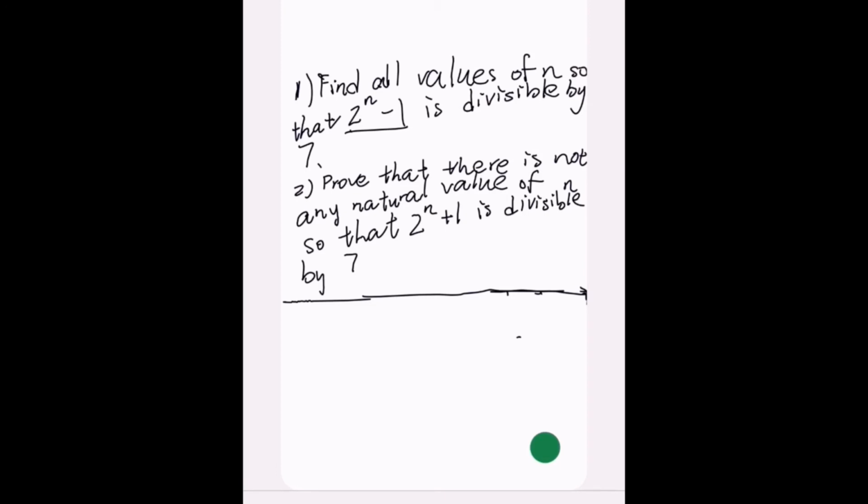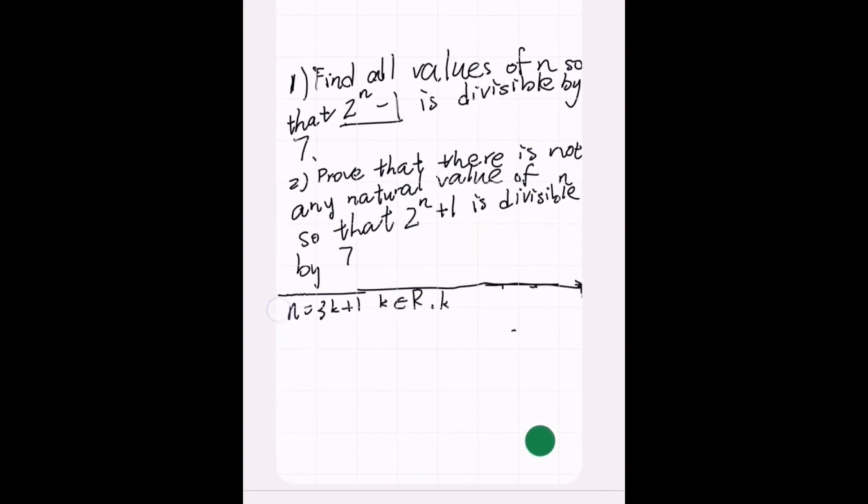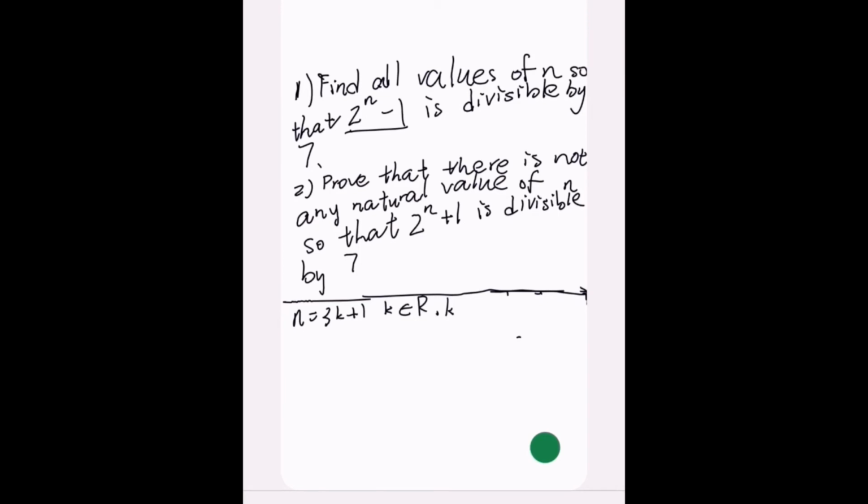So, using the idea before, when n is 3k plus 1, while k is a natural number and k is in the range of 0 to infinity, at this point, the remainder of 2 to the power of n is equal to 2.